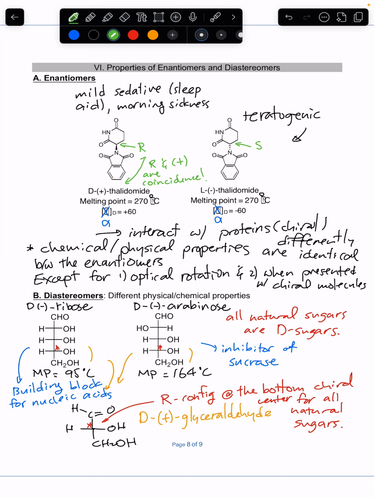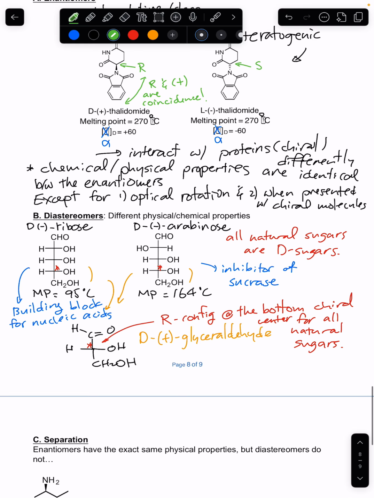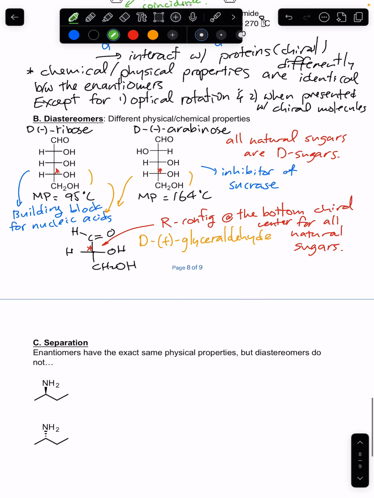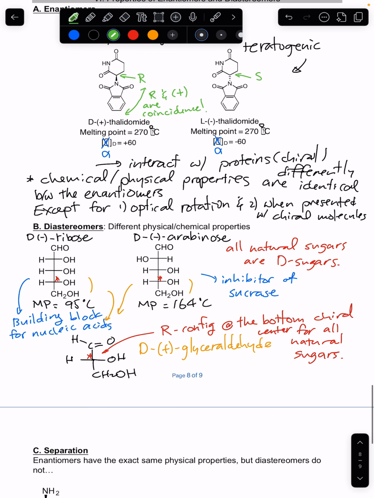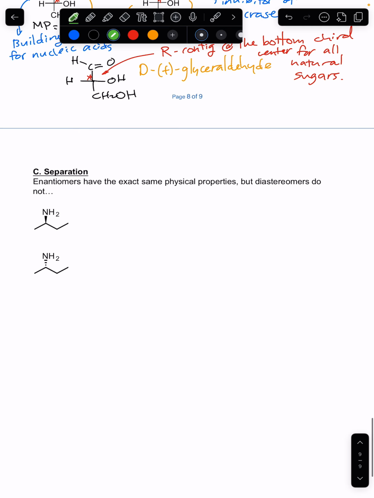So you can't predict that. That's determined from the experiment. Okay. So just from the R and S assignment, you can't predict which way something would rotate light. If you know the rotation of the other enantiomer, then you know that it would be the opposite. But I hope that makes sense.